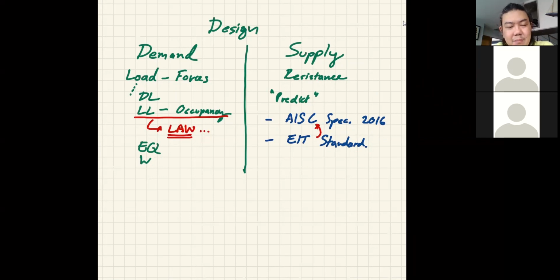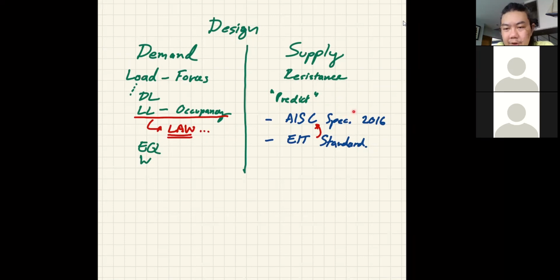You as engineers must provide the structure strong enough to withstand the load as stated by the law. This is a must. But on the right side, how are you going to predict the structure strength? It doesn't matter how. The law doesn't really say which method you can use.